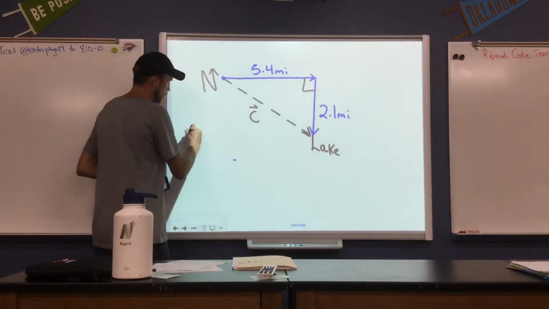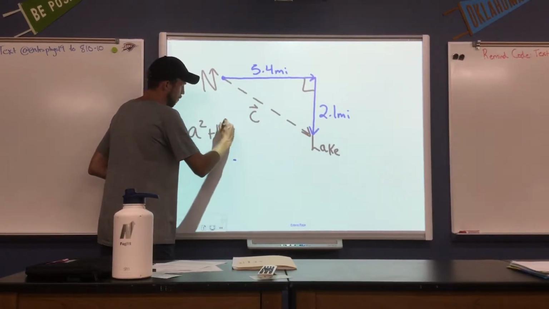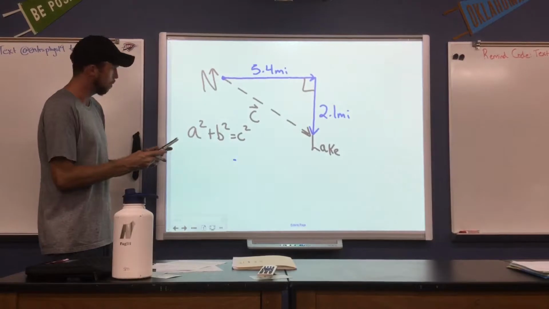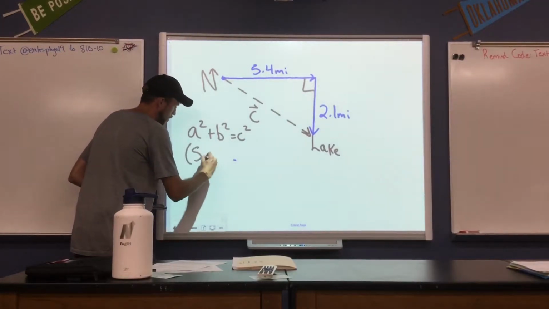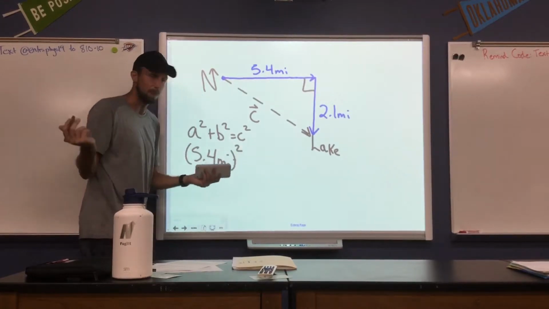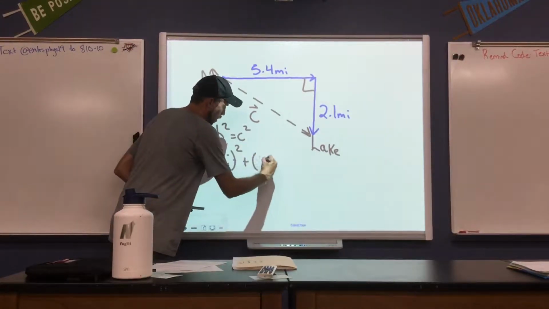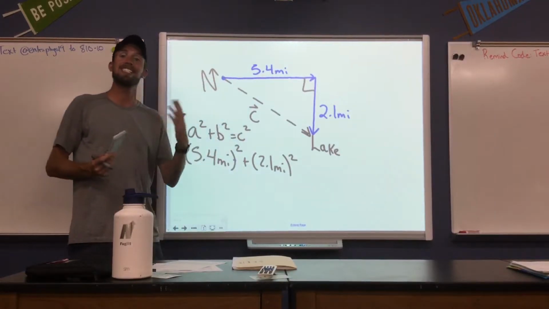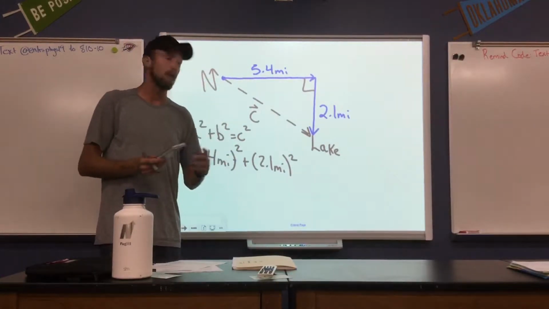So now that we have our overall displacement vector drawn, now we can use our components to find the total. Because we have a right triangle here, we can use Pythagorean theorem just as before. A squared plus b squared equals c squared. So we'll take 5.4, plug that in for a. It doesn't really matter here which side we call a and b. And then 2.1 for b. Remember, even if you refer to that 2.1 as negative, when we square that, it will then become positive.